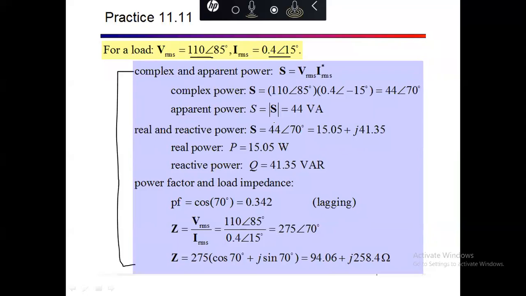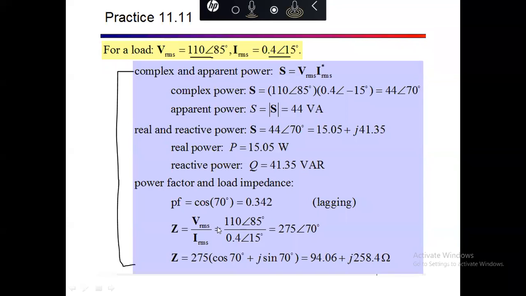So real and reactive power can be calculated from the complex power if you write this in the rectangular form. So it is in fact P and Q. P is in watts and Q is in var. Power factor, you can calculate the cosine of this angle, or this complex power angle. So that is 0.342 lagging.